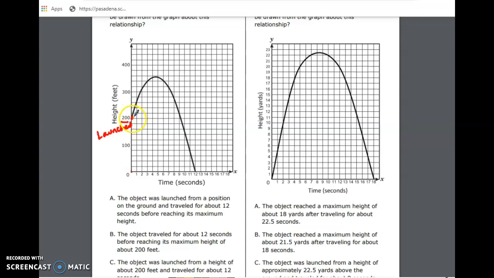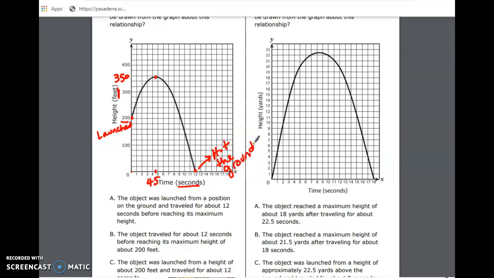And then it goes up, up, up, and it reached a maximum height of about 350 feet at about 4.5 seconds. And then it started coming down, down, down, and then it reached the ground at 12. This is when it hit the ground.